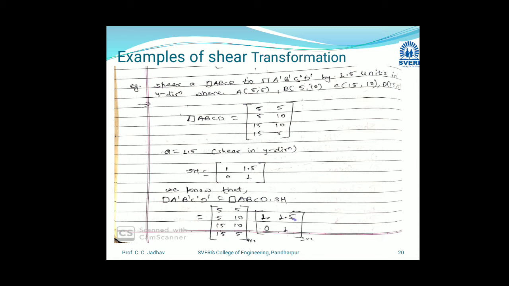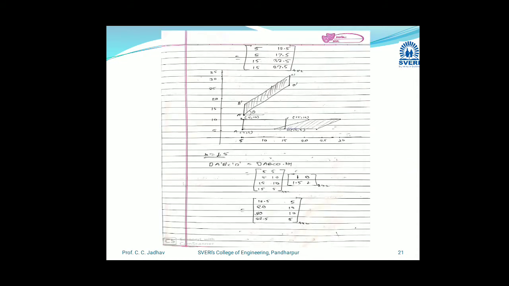We do the multiplication between the two matrices, and then we get the final sheared square A dash, B dash, C dash, D dash: 5, 12.5, 5, 17.5, 15, 32.5, 15, 27.5. So this is your final sheared square.